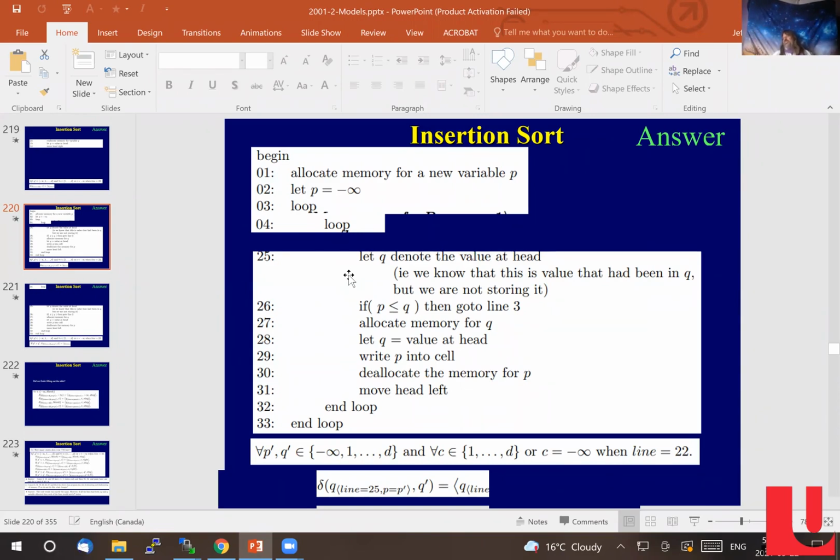We went from line 4 to line 4 to line 4 to line 4. So maybe lots of actions happen during that loop, but it all gets expressed in what state I am in at the top of the loop. So it goes from 4 to 4 to 4 to 4 to, oh, I'm exiting. Now I'm at line 18.